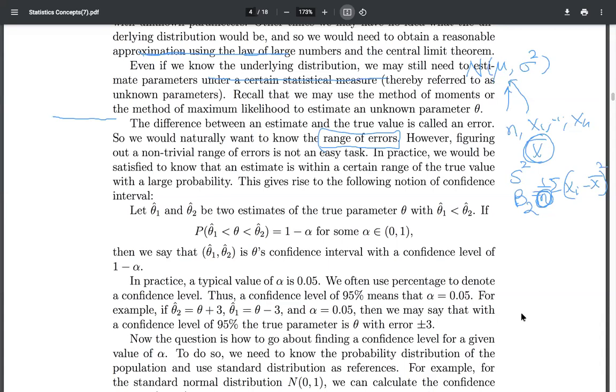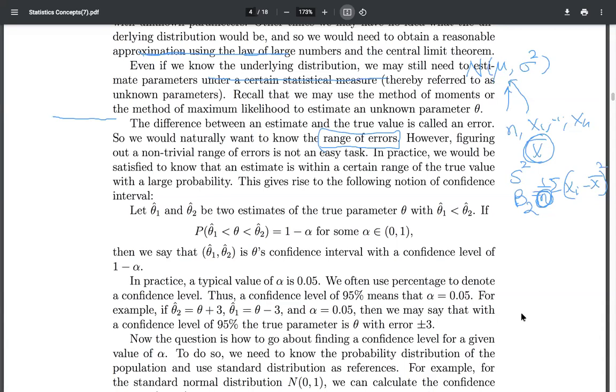Now we want to know, how do we figure out this range? You cannot have a big range, because if it is a big range, it doesn't mean much. So we give a certain range. For instance, this is the error I can tolerate, like 5%, 3%, 1%. Can you give me an estimate within this range?